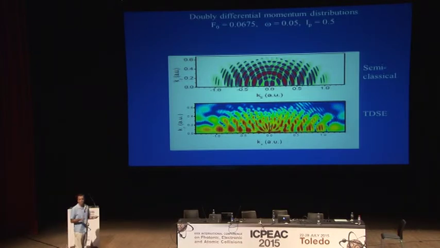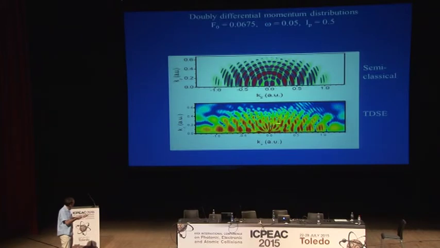And of course, there are some differences between this plot and this plot. In the semi-classical theory, I haven't considered the contribution from rescattering electrons. And apart from that, there are some structures here near threshold which can be explained beyond the strong field approximation.